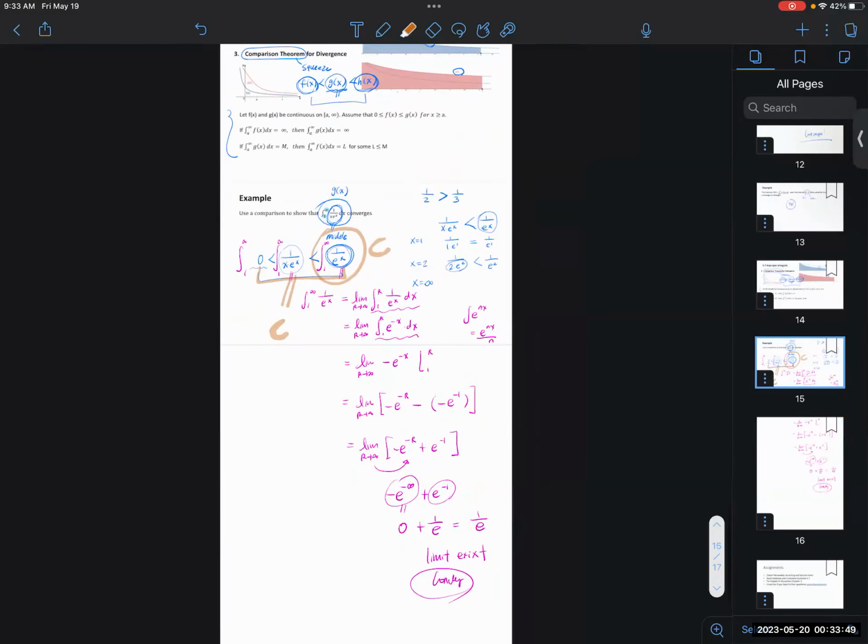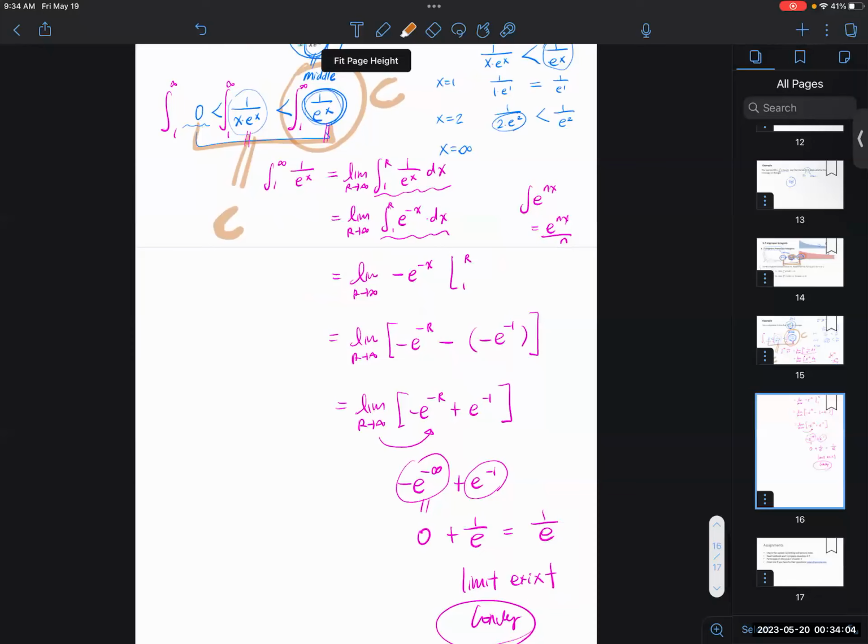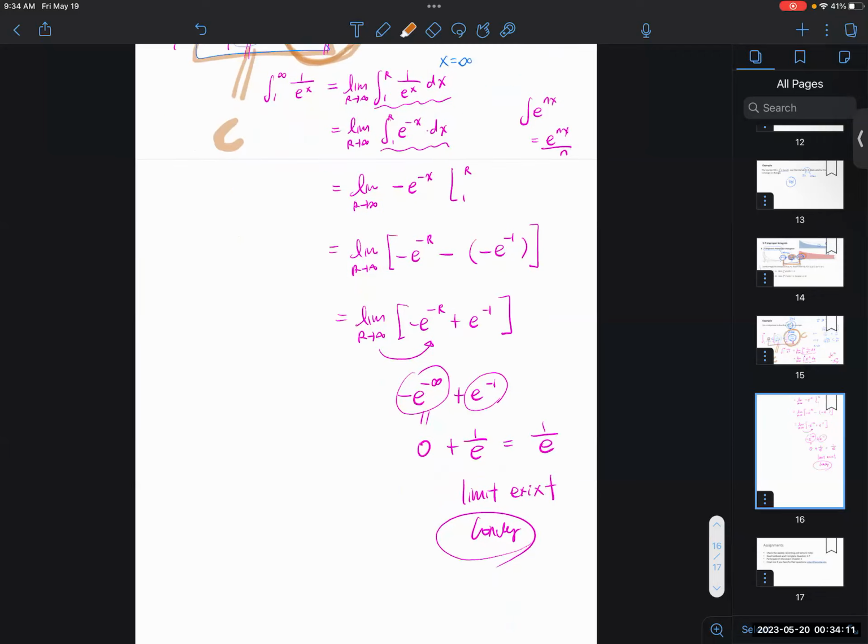Just find some function that is smaller or larger than the middle function, and then check it out. If both of them converge, it converges. If both of them diverge, it diverges. But we already know 0 converges, and this one we need to check as well whether it converges or not. So that's the work. We finished 3.7.